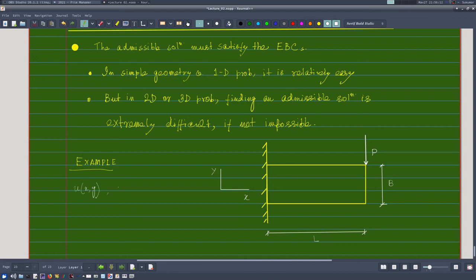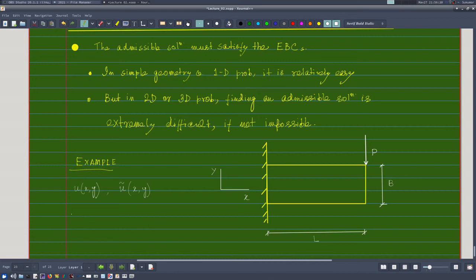So I must be able to find some admissible solution u tilde, which will be a function of x and y. Now suppose I consider a quadratic polynomial.